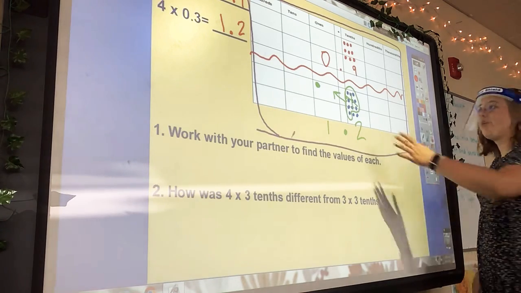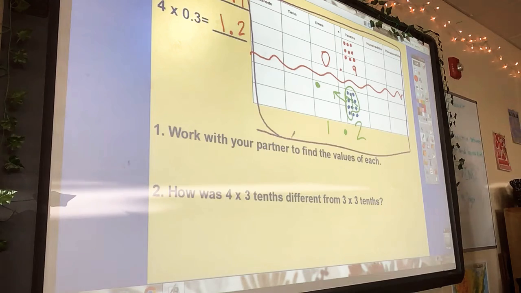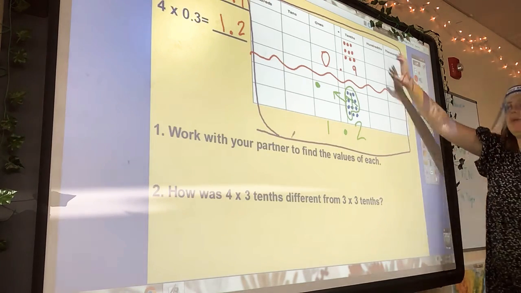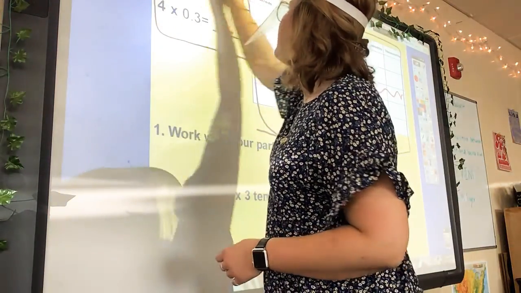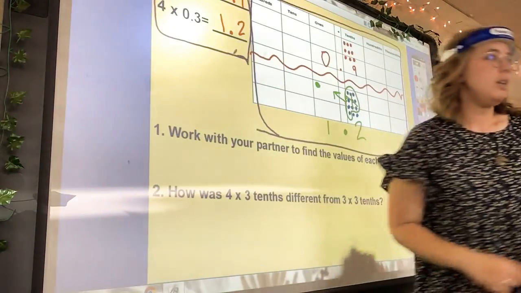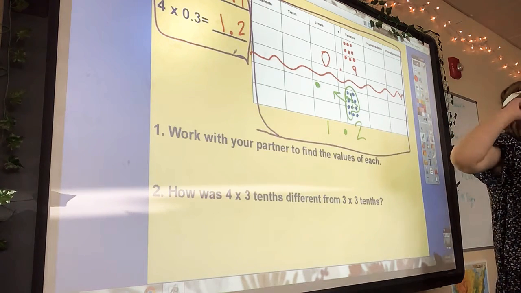You really only need the 1s and the 10s place, so you can just draw 2 columns. But I do want you to put both examples. I want you to write the multiplication sentences as well, okay? So basically copy everything that's circled in purple.